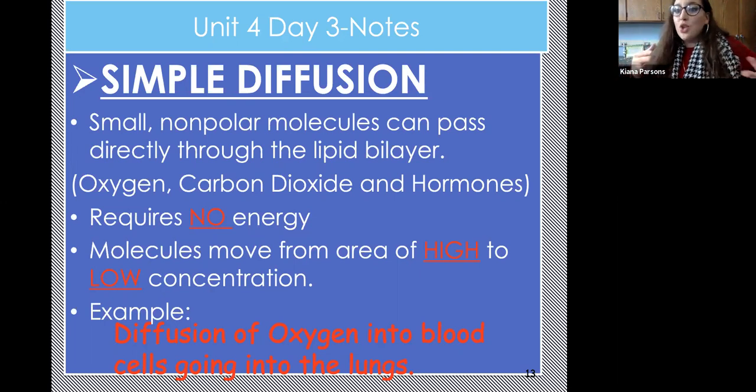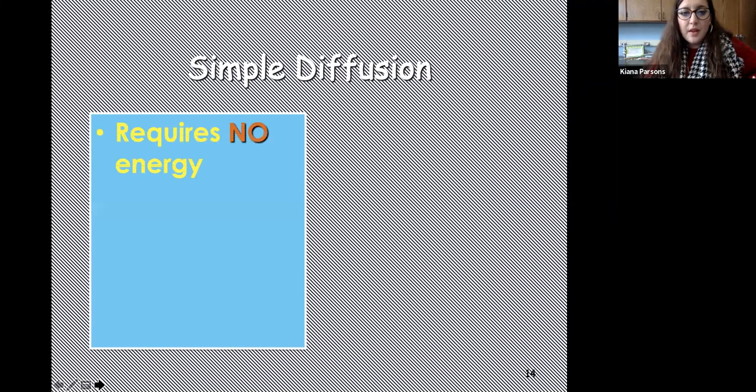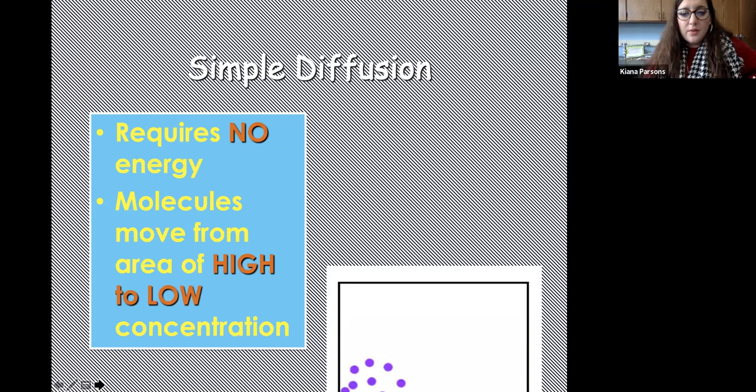That diffusion is happening constantly all the time. It's very important that it happens without the use of energy, because if we needed energy to do that, we would expend a tremendous amount of energy just trying to breathe, right? That wouldn't be good for our survival. So diffusion of oxygen into blood cells going into the lungs is an example of simple diffusion.